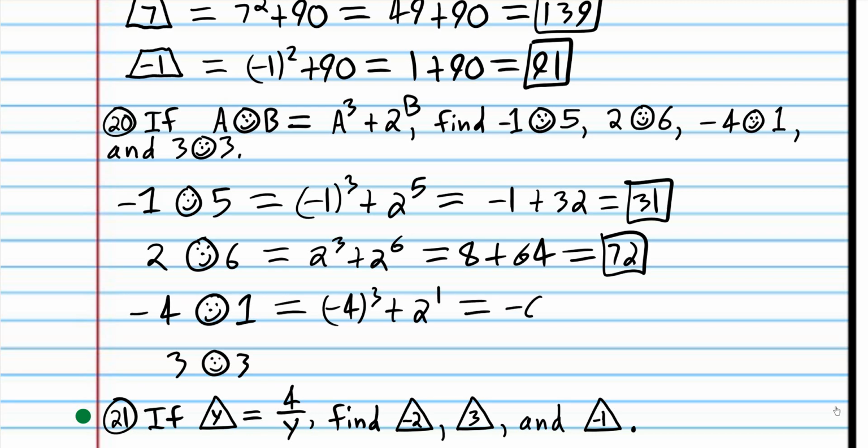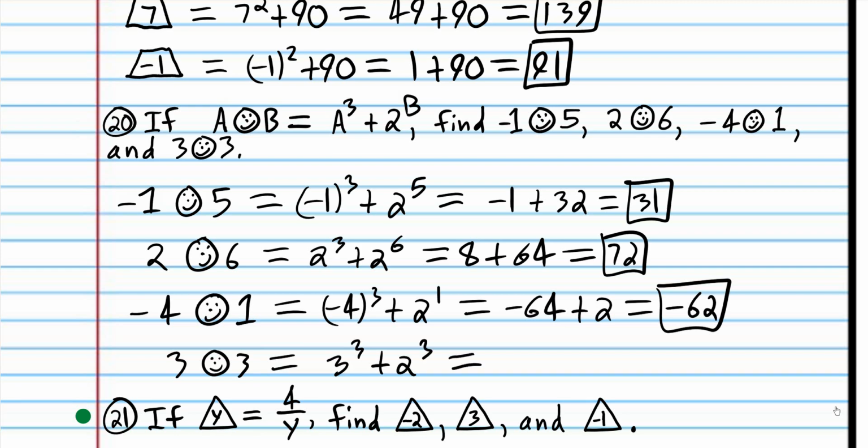Negative 4 cubed is negative 64, and 2 to the 1st power is 2. So then we get negative 62. 3 smiley face 3 is 3 to the 3rd power plus 2 to the 3rd power, which is 27 plus 8, which equals 35.